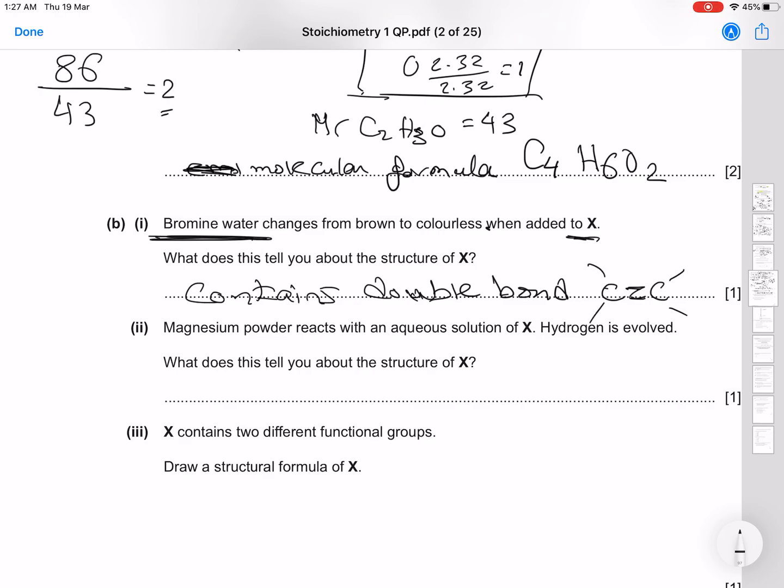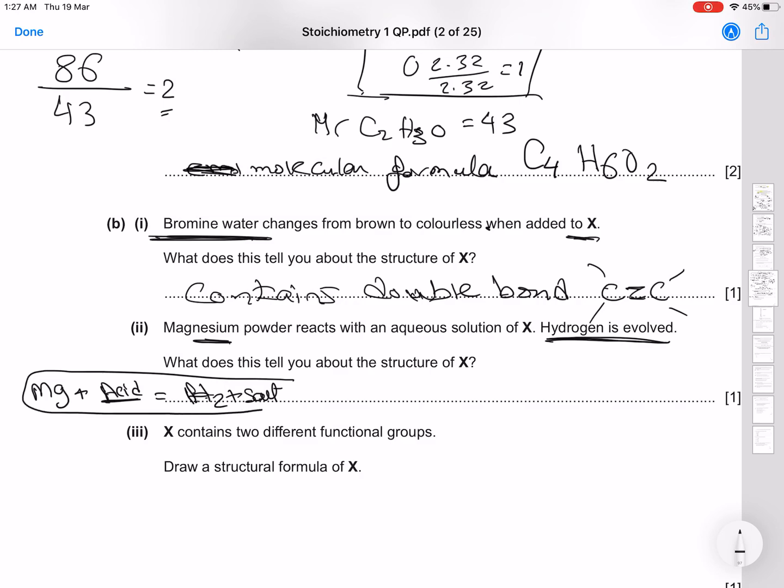Now, magnesium powder reacts with an aqueous solution of X. Hydrogen gas is evolved. Usually the reaction of metal plus what will give me hydrogen released as gas? Usually metal plus acid, if you remember, it will give me hydrogen gas released and salt. By using this information, I would deduce this X is an acid, right?